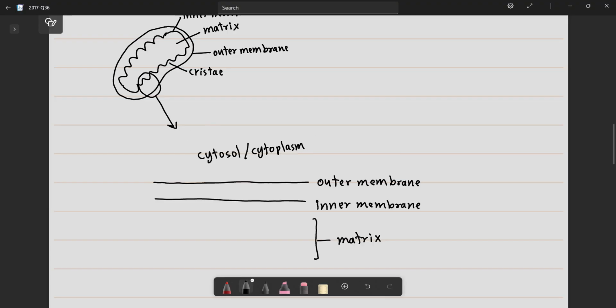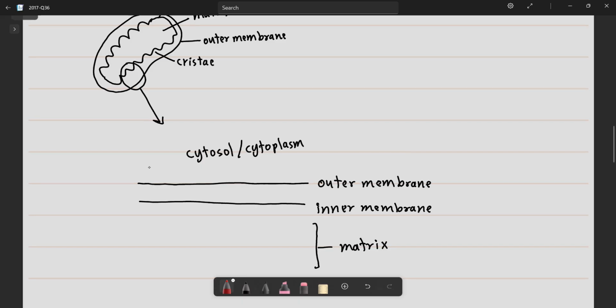Okay, so now what I want to really discuss is that the glycolysis step occurs in the cytoplasm of the cell. Glycolysis occurs in the cytosol or cytoplasm.